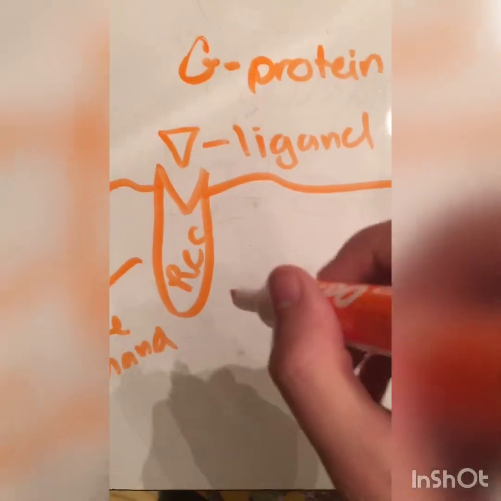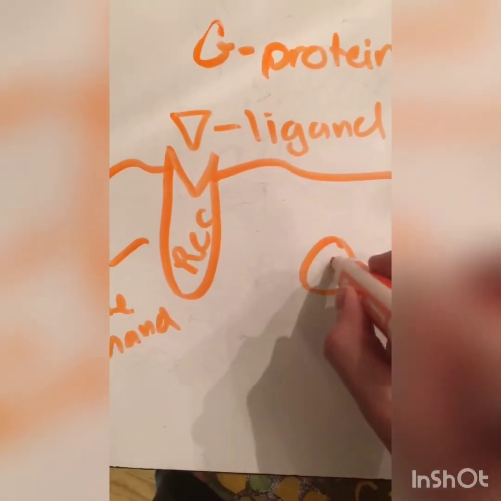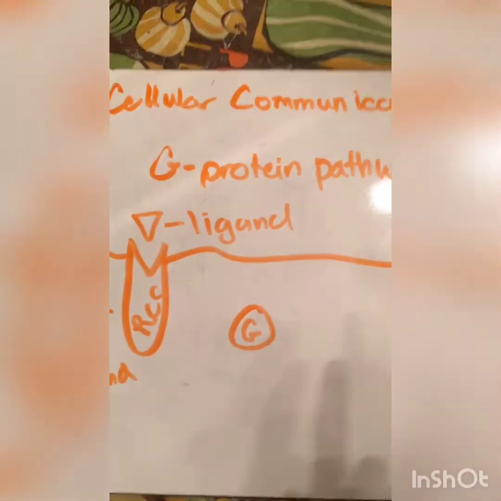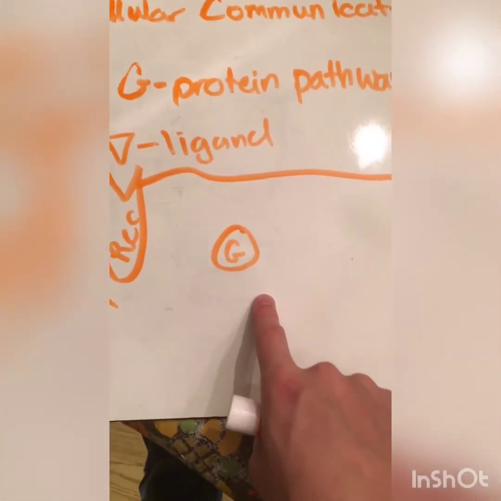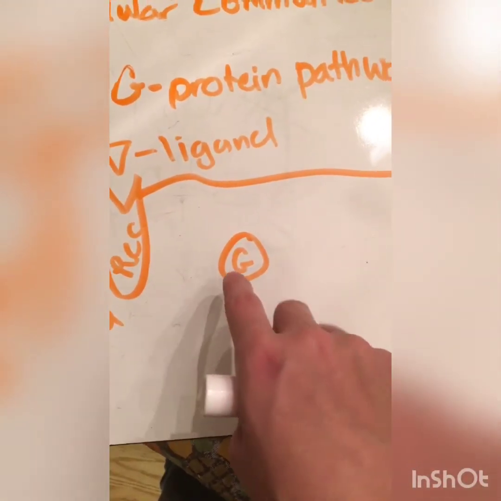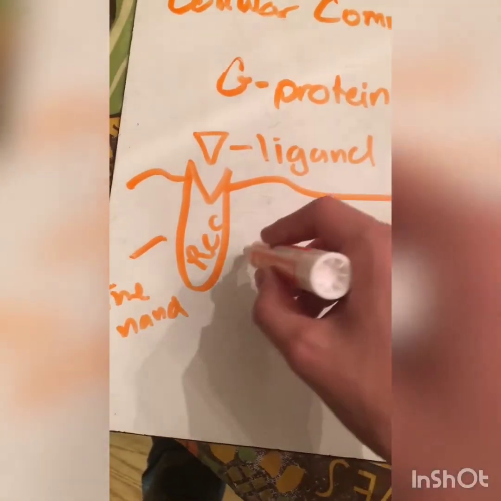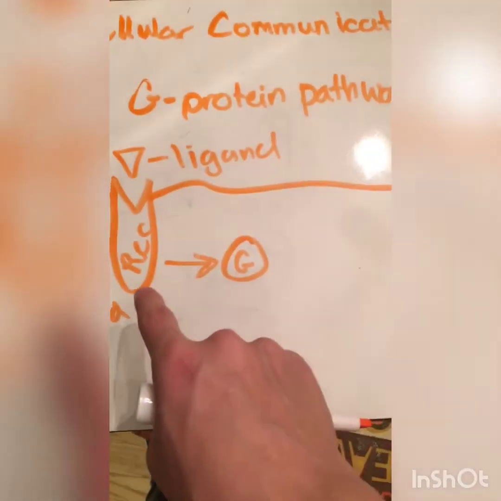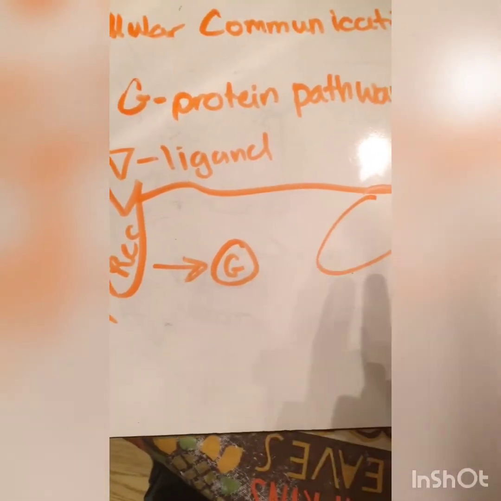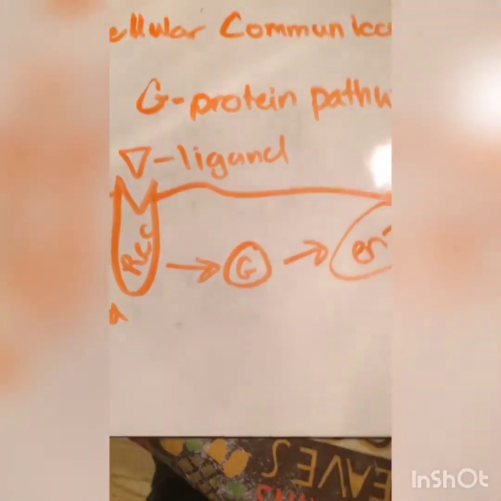After this phosphorylation occurs, this process activates the G protein, which is pretty much like a relay point found within the cell. And this protein will receive the message from the receptor protein and take it to a specific enzyme or protein found along the membrane.